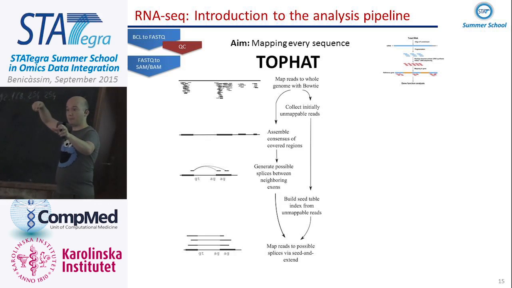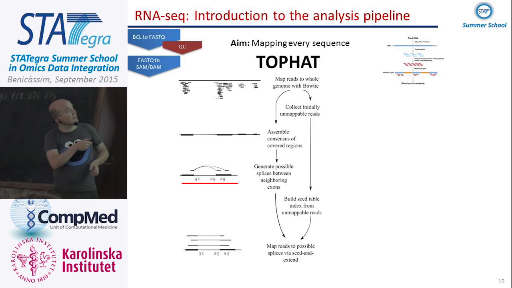If they map inside an exon, it's not a problem because they are mapping to the genome. But what happens if I have these two exons and my read maps right at the junction? What I see is not the intron, what I see is this part because it has been processed. So I can see only this part. This will not map to the genome. I need to split it in two and then map each part to each of the exons.